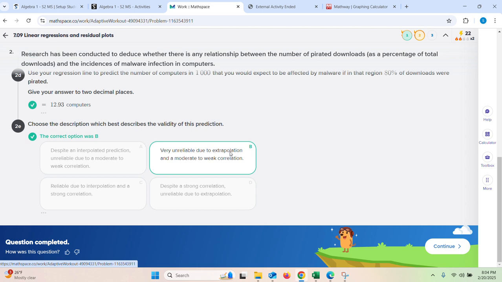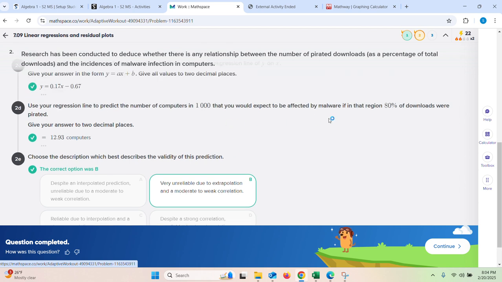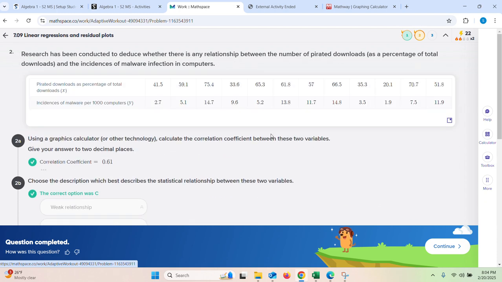So, extrapolation is when the number they give us to predict is outside our range. Looking up here, the biggest number is 70 and the smallest number is 20, so the range is 20 to 70.